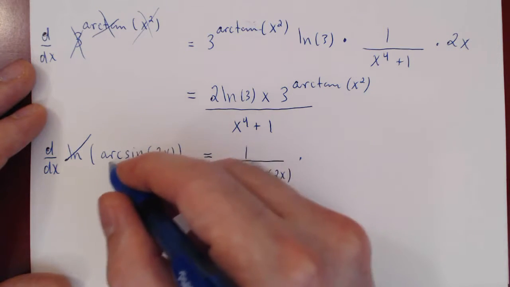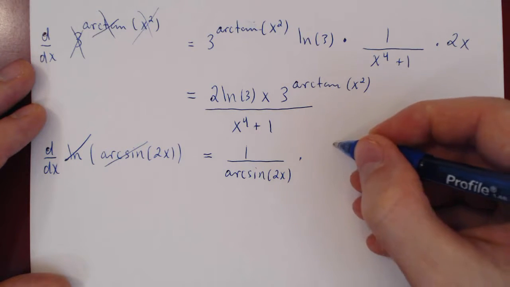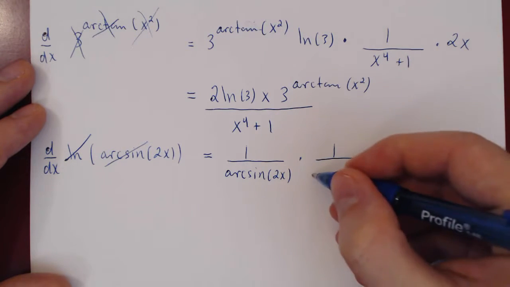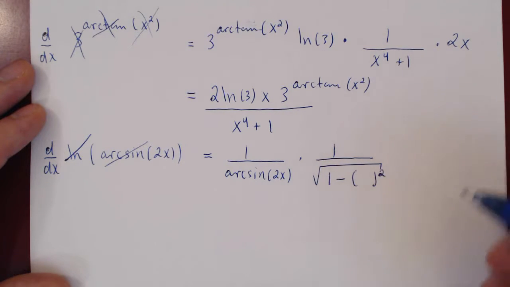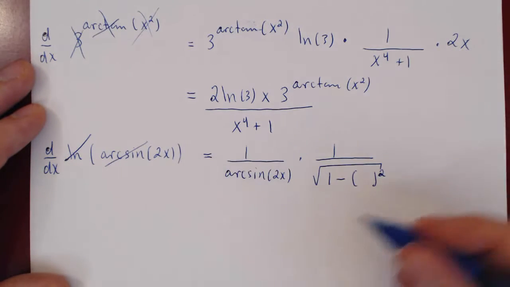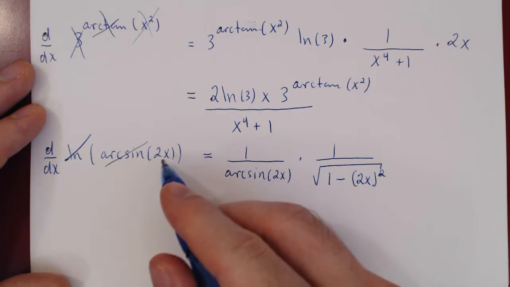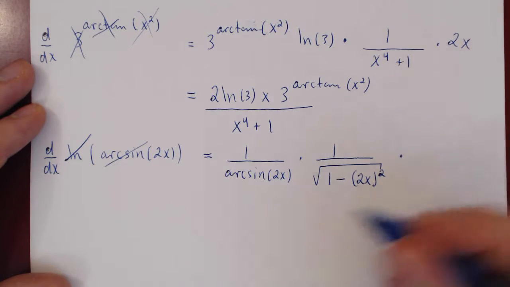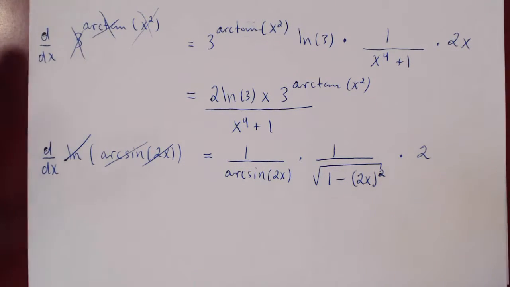The outside function is arcsine. The derivative of arcsine, if you remember, is 1 over the root of 1 minus the argument squared. And the argument here is 2x. There's still 2x left over, so times the derivative of 2x, which is simply 2. And now we have the derivative.